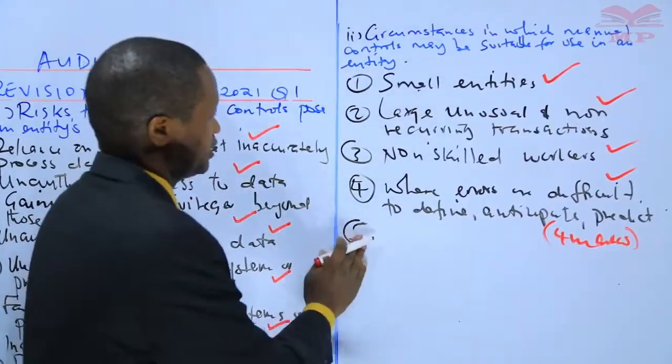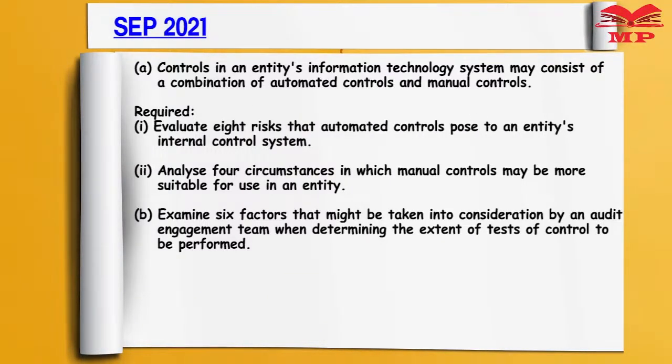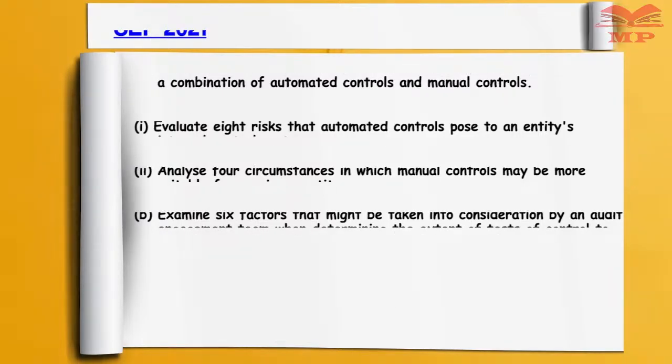Let's move on to part B of this question. Examine 6 factors that might be taken into consideration by an audit engagement team when determining the extent of tests of control to be performed. 6 marks.